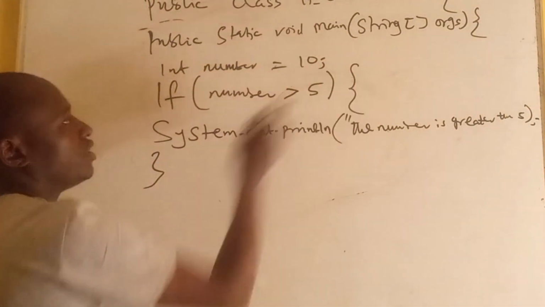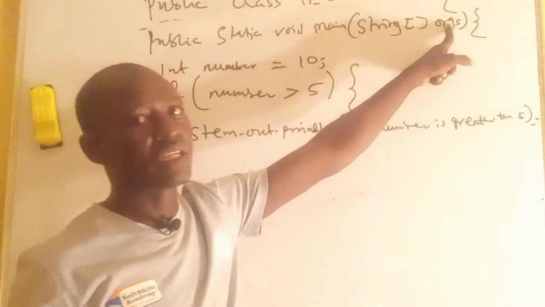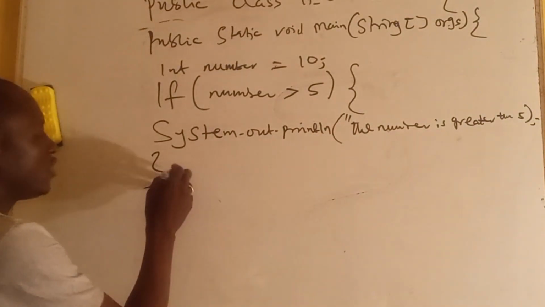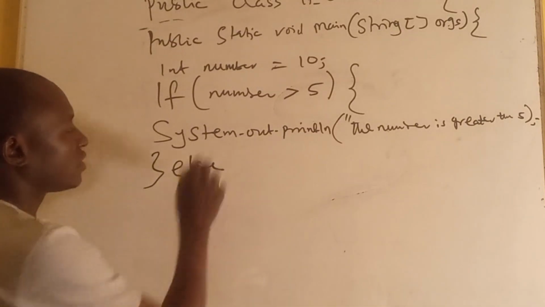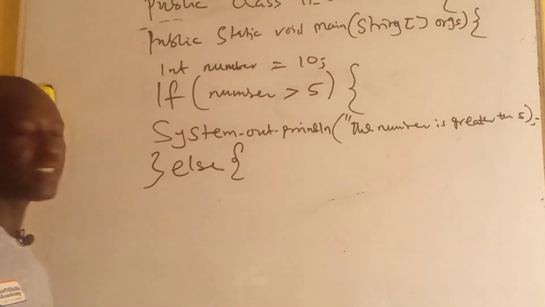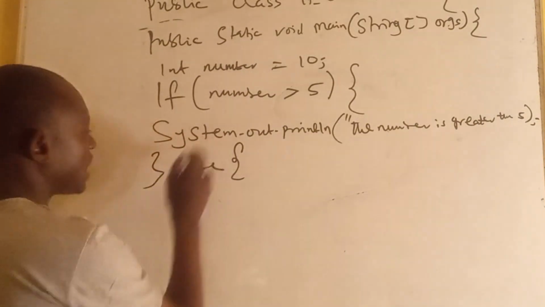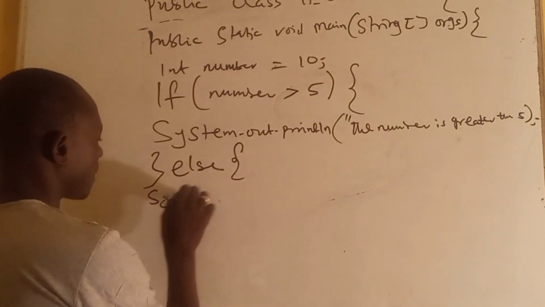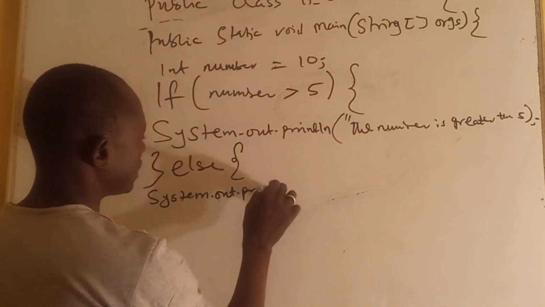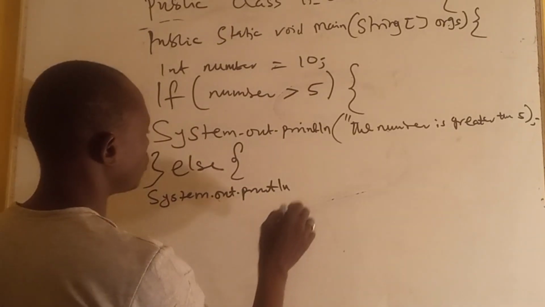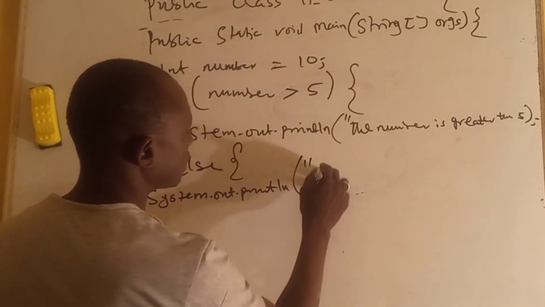You close these curly braces, but you cannot close this entry behavior. So here you write another else. Else, you now open another curly braces. Then you now write the same statement here, System.out.println, move to the next line, cursor, print.